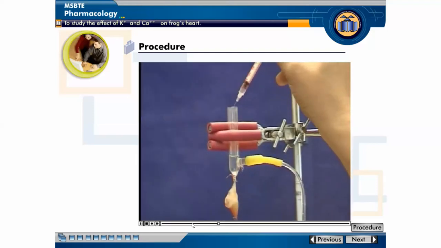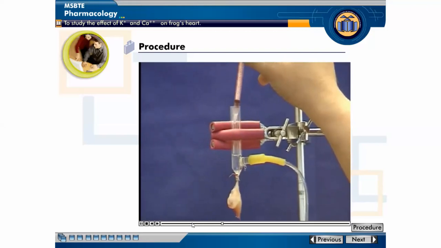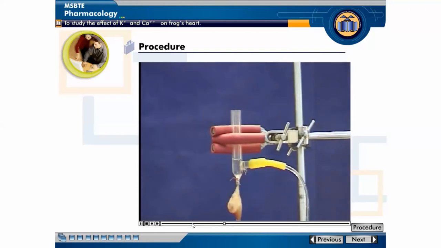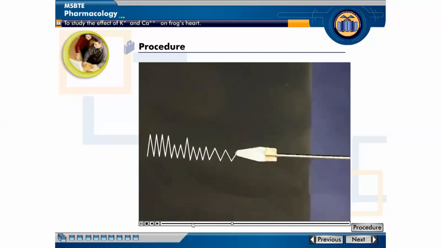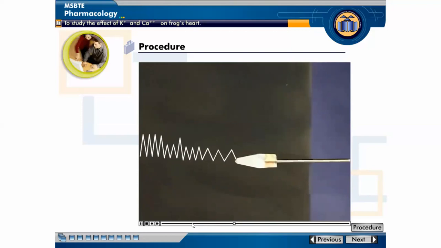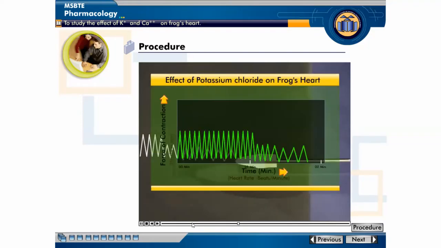Stop the drum, inject 0.1 ml of stock solution of potassium chloride in the cannula. Start the drum immediately and record the response of heart on the smoked paper for 1 minute. We can easily see that the rate of contraction, force of contraction, tone, and rhythmicity is decreased.